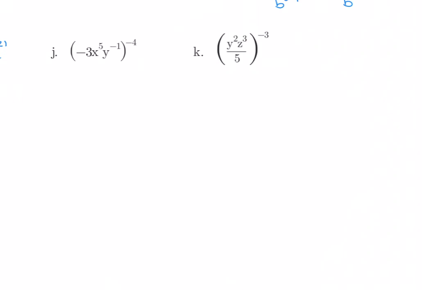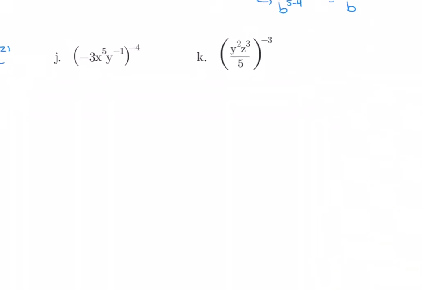Example J, the first thing I'm going to do is rewrite with positive exponents inside my parentheses. Again, there's lots of ways to do this, but for those of you that struggle with negatives, let's go ahead and just put our y in the denominator.